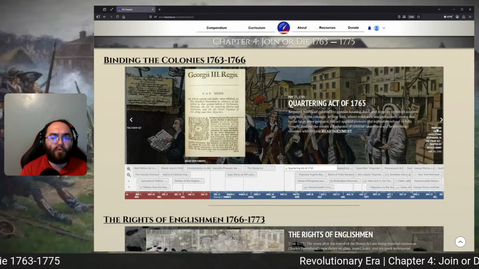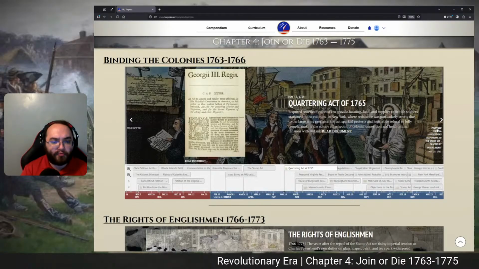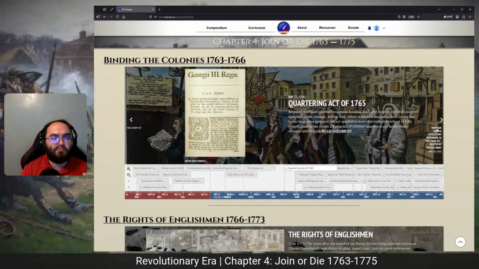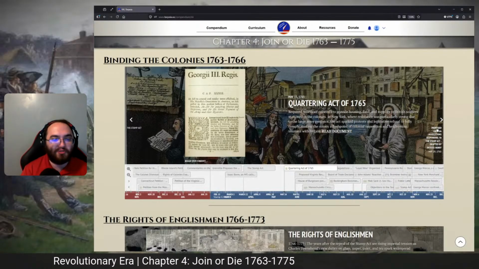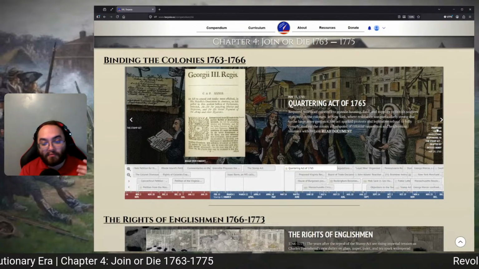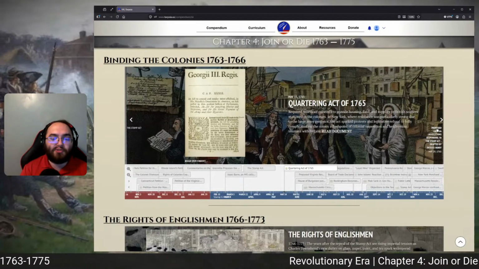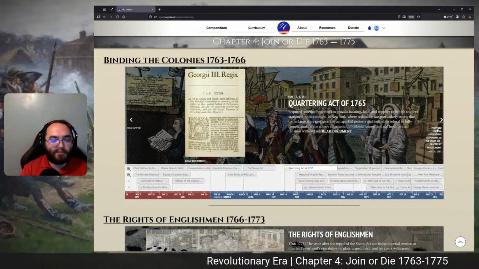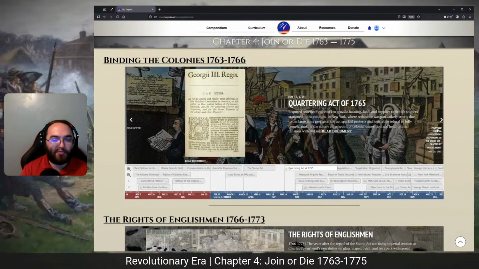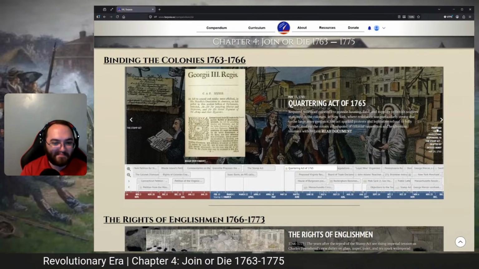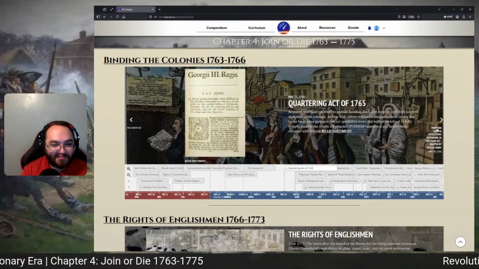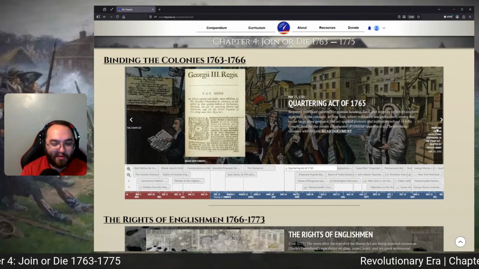And the colony of New York will refuse to give all these things to the soldiers. This will lead, and I will show you on the timeline, to Parliament revoking the New York colony, abolishing the General Assembly of New York.